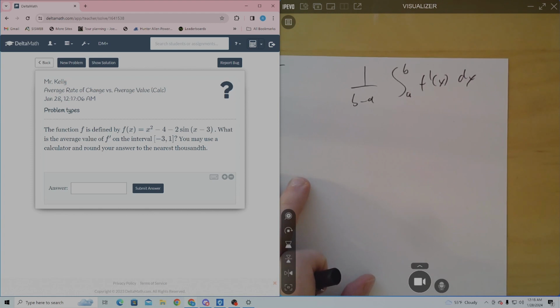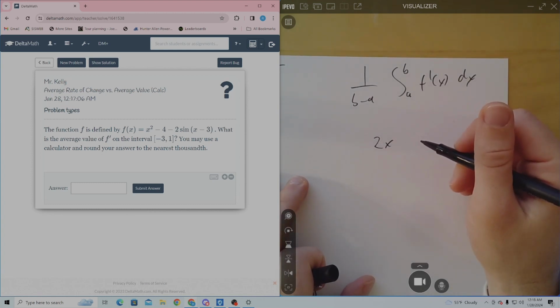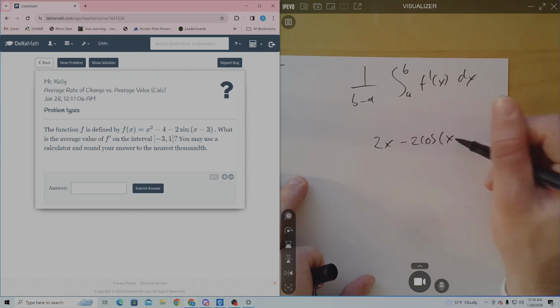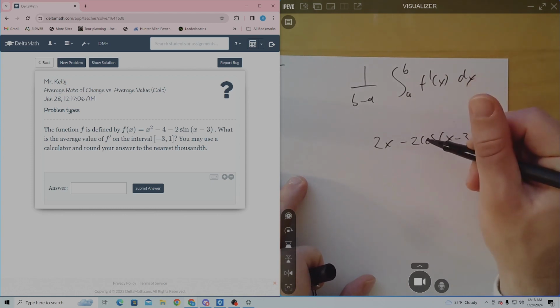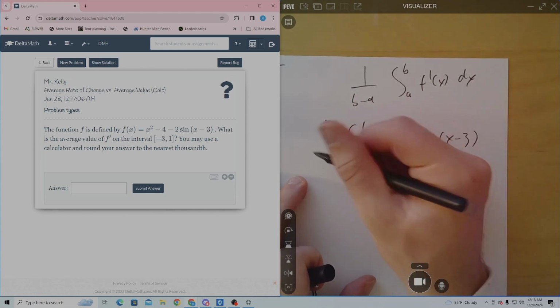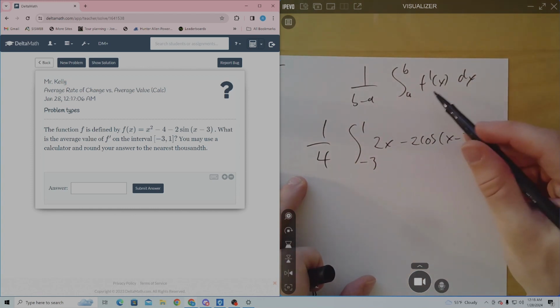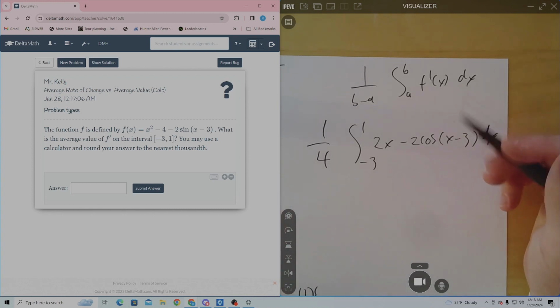You have a few options here. You could just get the derivative, which is 2x minus 2 cosine x minus 3. That's f prime of x. So you could just do the integral from -3 to 1, 1 over 4 of that, because it wants the average value of the derivative, not the original. That might be the easiest way.